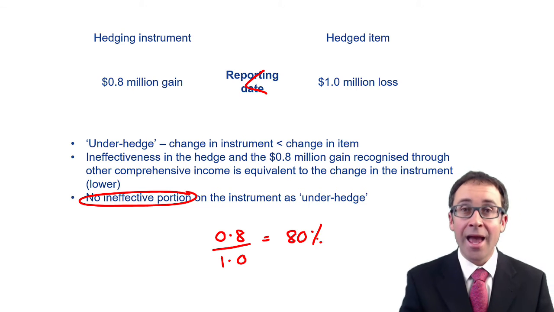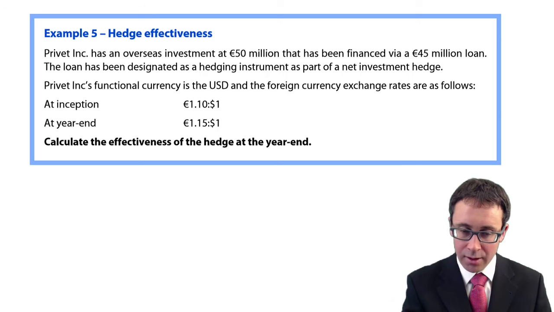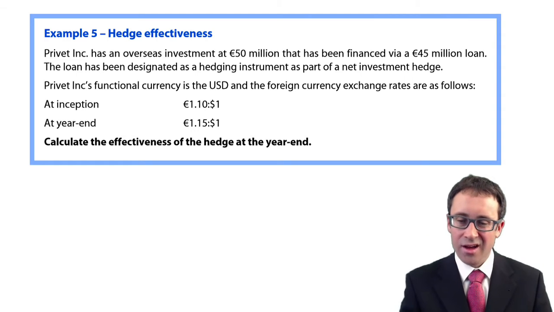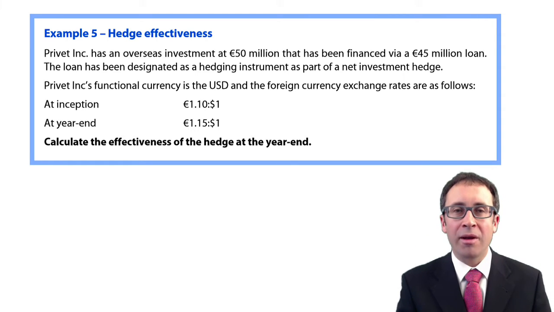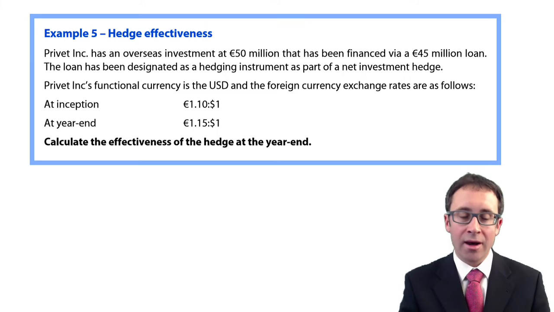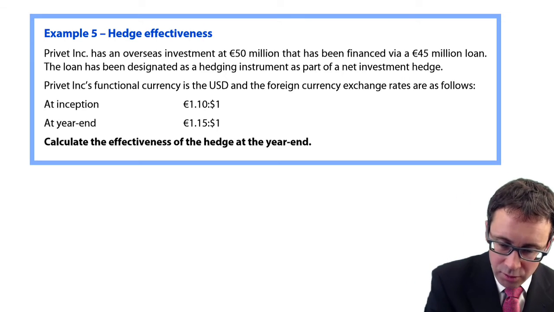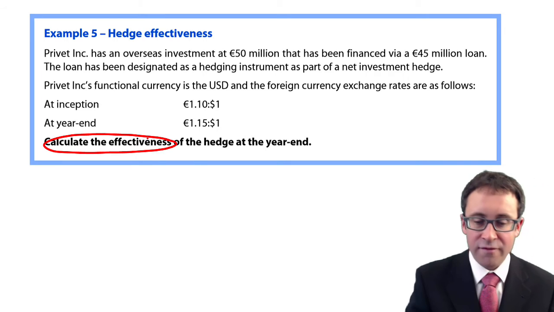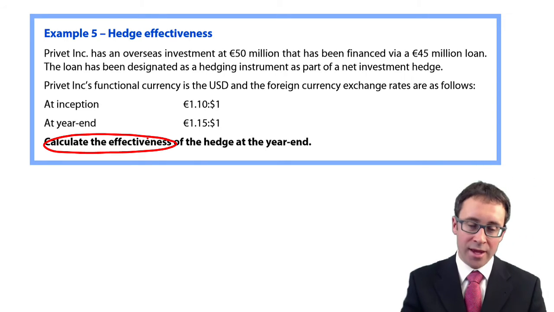Okay, excellent. So on that example, example number 5, I think you can go through there and have a play around with it yourself. Okay, work it through, see how you get on. All it wants you to do is calculate the effectiveness of the hedge at the year end.